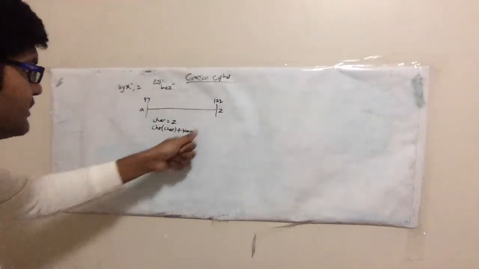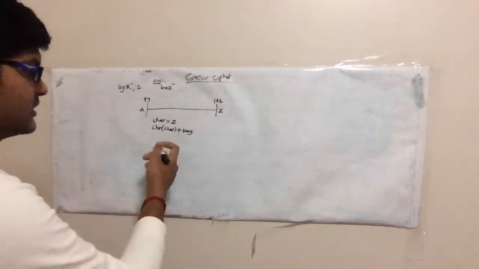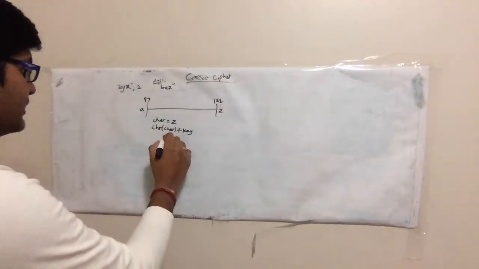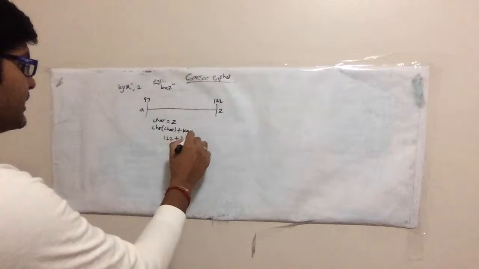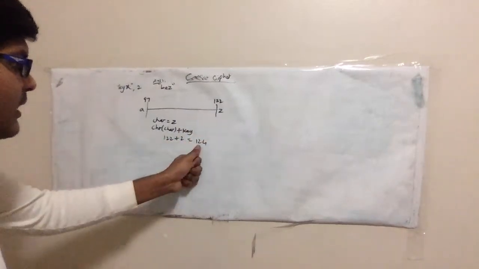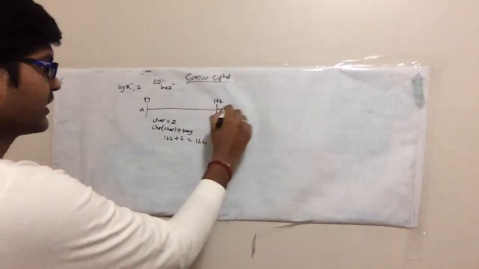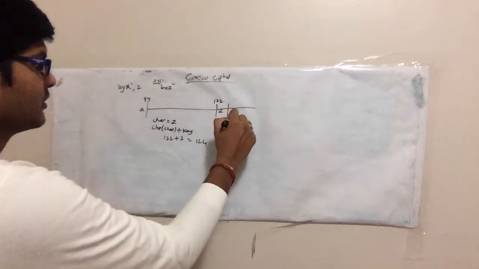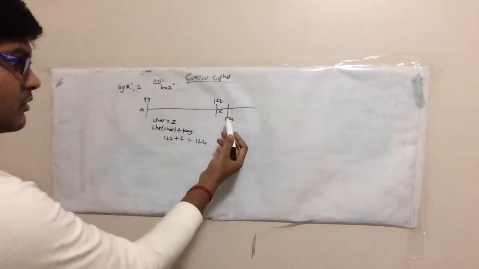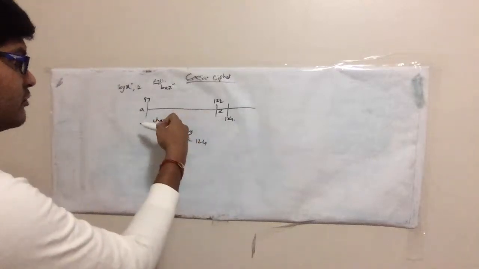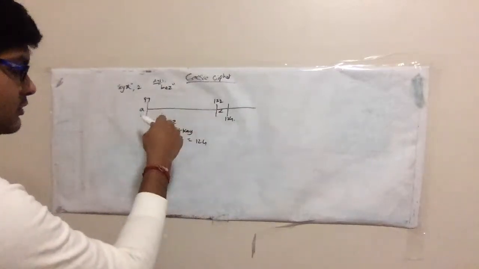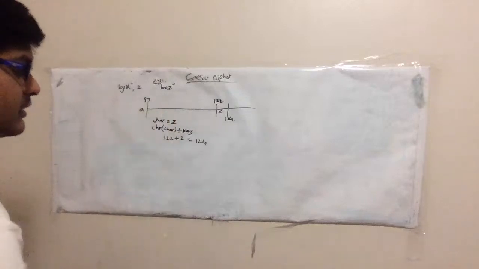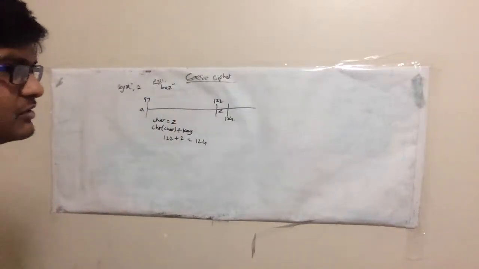If this crosses 122, say 122 plus 2 is 124, this 124 has a different character in Unicode, but that is not what we want. So we need to convert this value back to between 97 and 122. How can we do that? Using modulus.